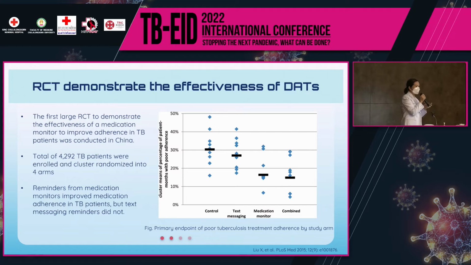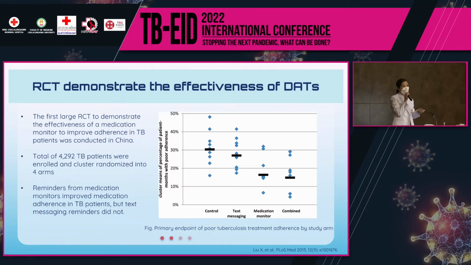This is the first RCT demonstrating the effectiveness of a medication monitor to improve adherence in TB, which was conducted in China. About 4,300 TB patients were randomized by cluster into 4 arms, including the control arm, which had no self-administration and text messaging.